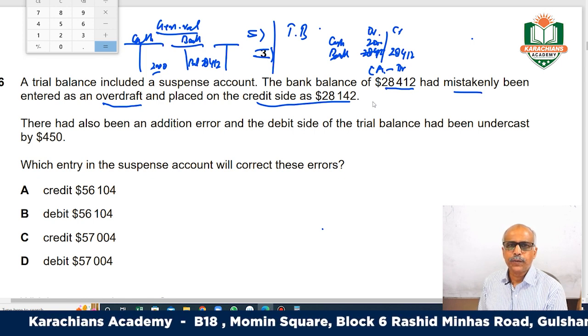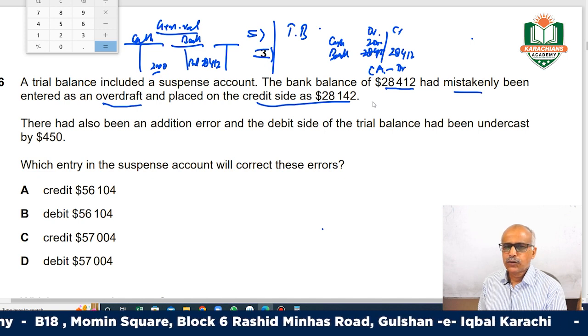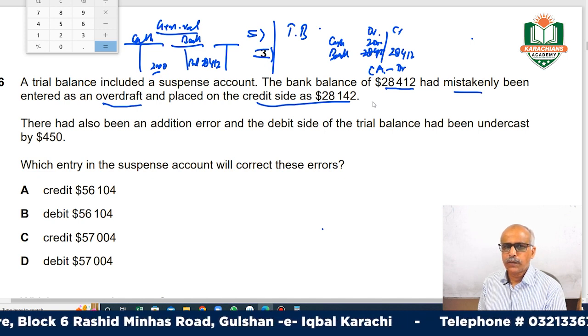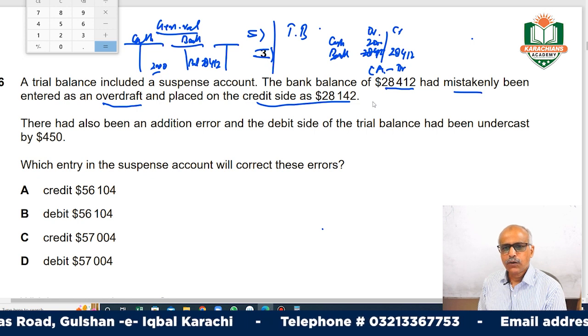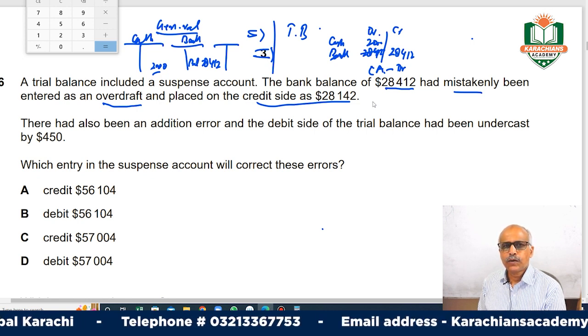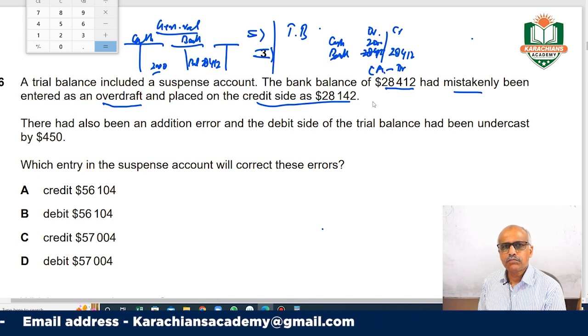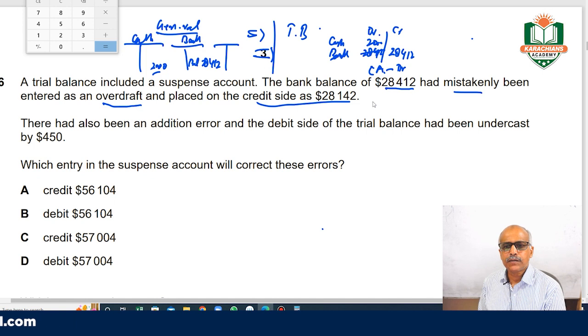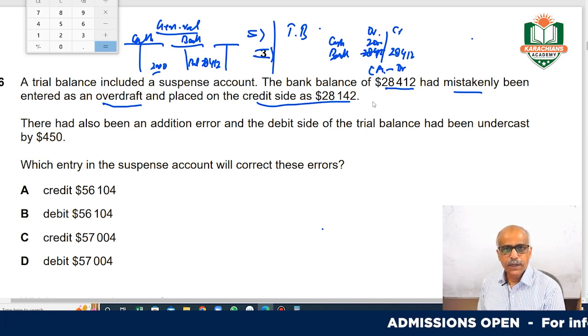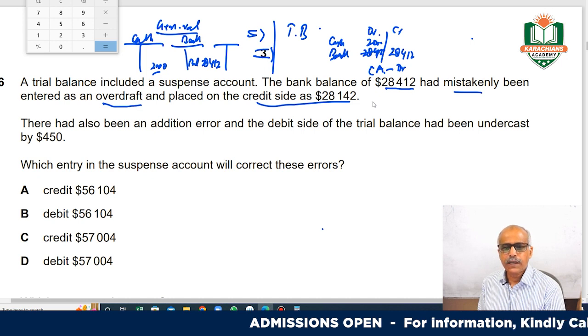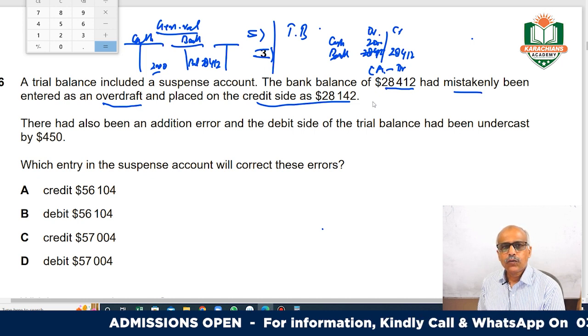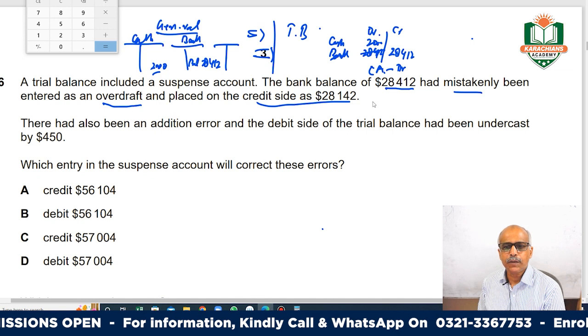This was to appear on the debit side, so you did not put that on the debit side, so your debit was short. On the other side, when you write this on the credit side, your credit side is more, meaning your debit side has a double impact: one, the debit which was not recorded, and other, the debit which is posted in the credit.